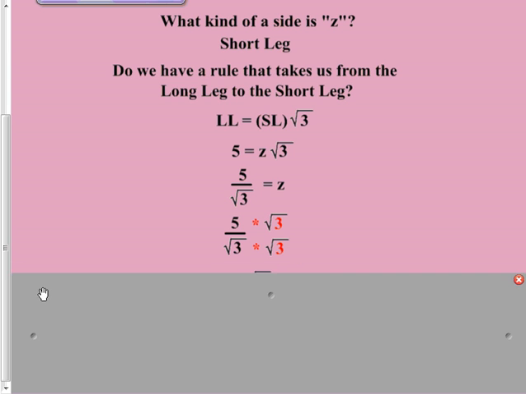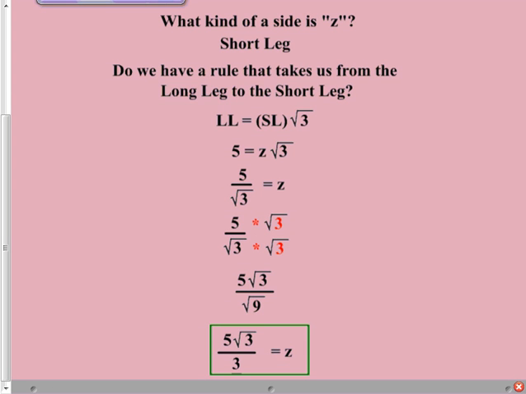So the numerator of the fraction is going to be 5 square roots of 3, and the denominator is the square root of 9. Now, the square root of 9 is a nice, neat whole number, and that is 3. Okay, so we have 5 square root of 3 over 3 is z. Okay, it's an ugly number, but it is the correct one.